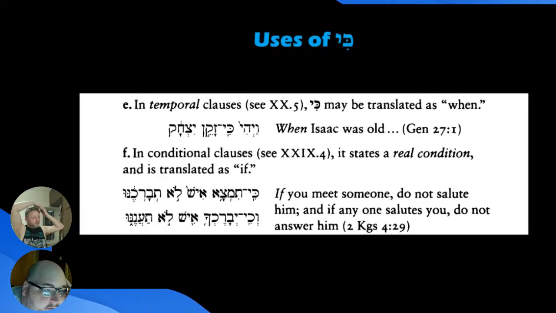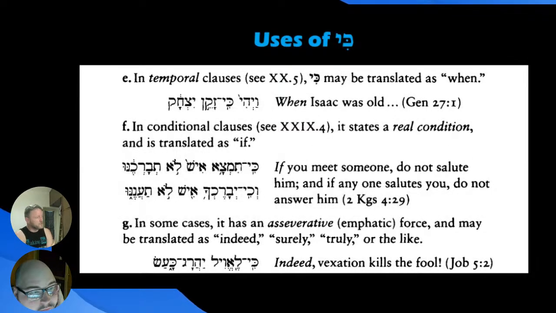So, ki timsa ish lo tevarchenu, v'ki yevarechecha ish lo ta'anenu. If you meet someone, do not salute him. And if anyone salutes you, do not answer him. I included that in the conditionals last week or the week before. I don't remember. In temporal clauses, ki may be translated as when. I've already said that. Forgive me.